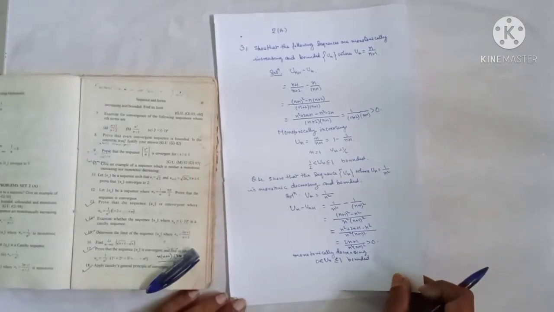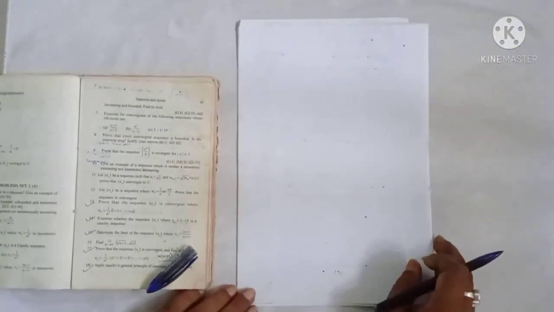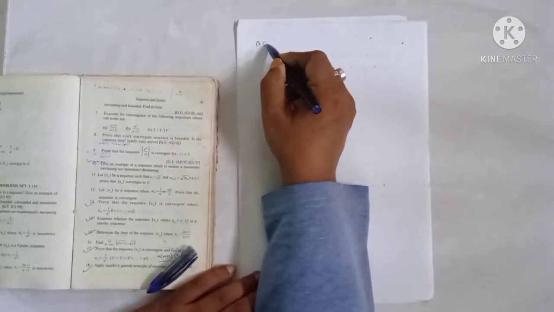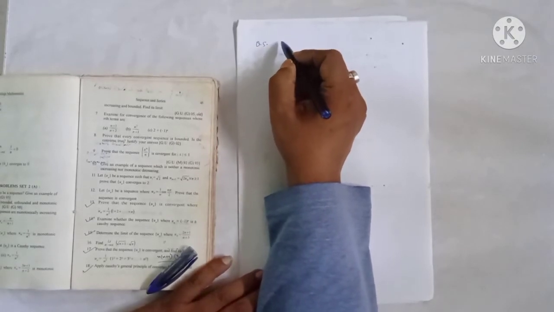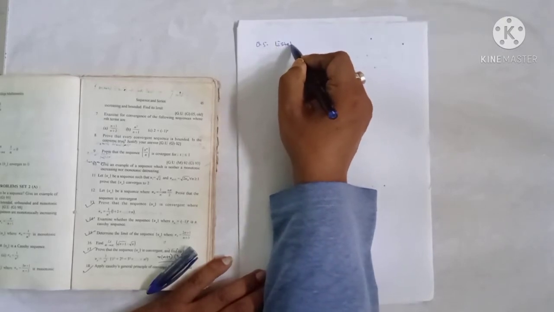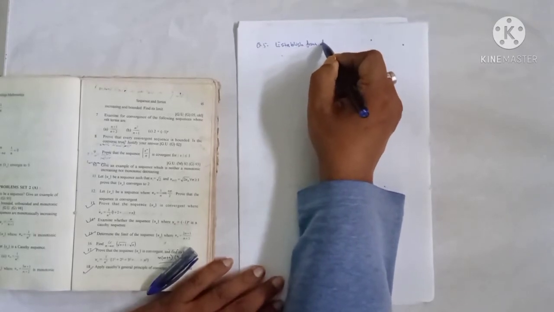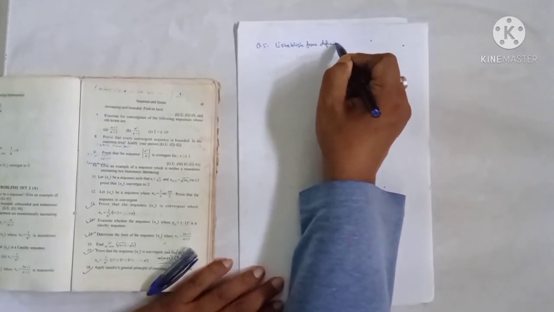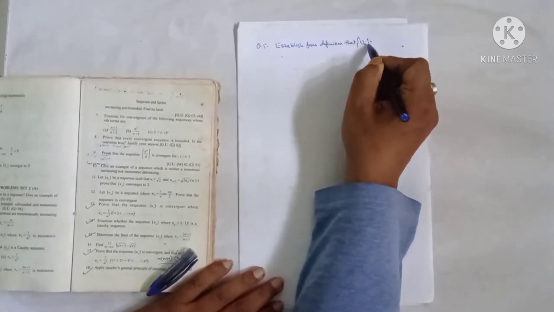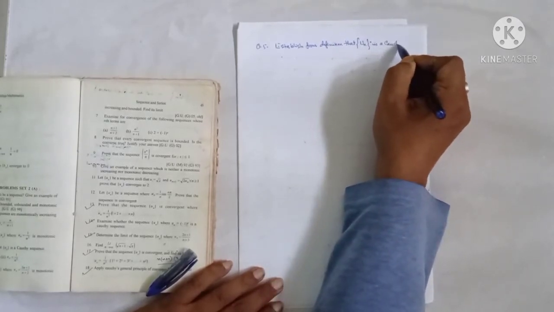Now question number 5, we have to establish from definition that un is a Cauchy sequence.